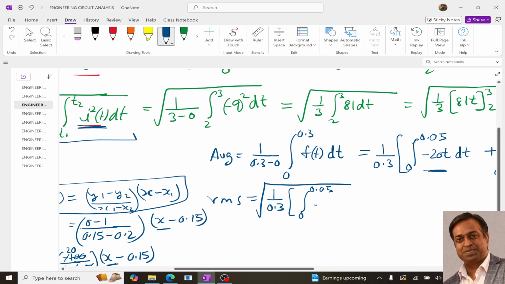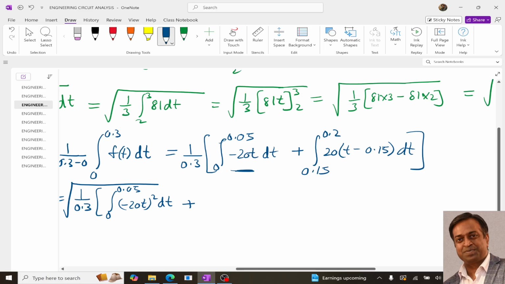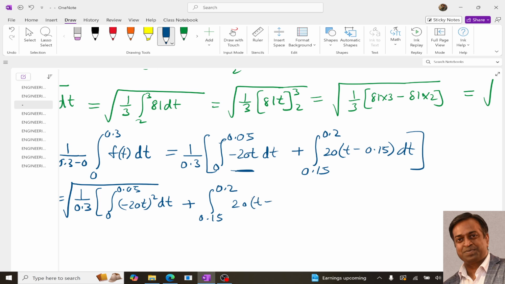So I will put minus 20t whole square dt plus this 0.15, 0.2, and then this will be the square 20 t minus 0.15, and this is whole square dt, right? And then this is whole under root.